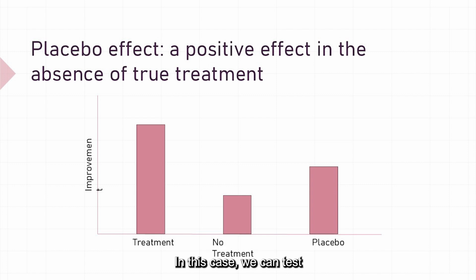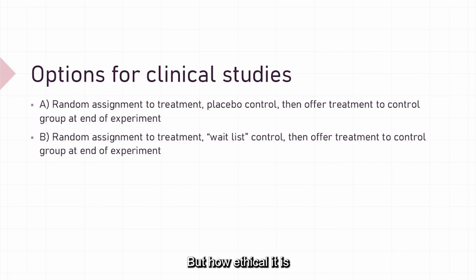In this case, we can test 3 groups: an experimental group, a control group without any treatment, and a placebo group, where we spend, for example, time with our participants but do no anxiety training. But how ethical is it to test participants and to offer them a placebo but no treatment?